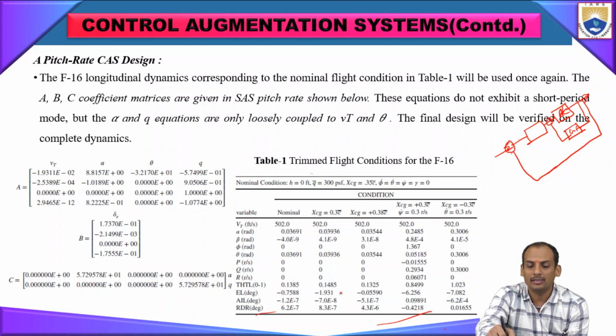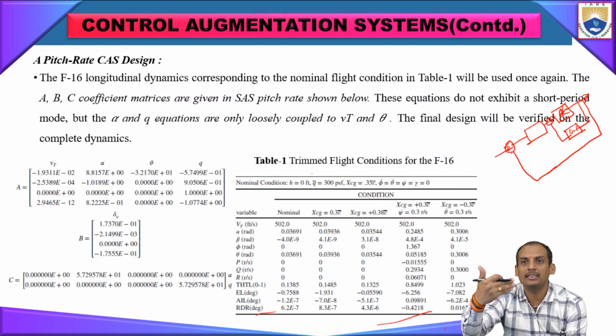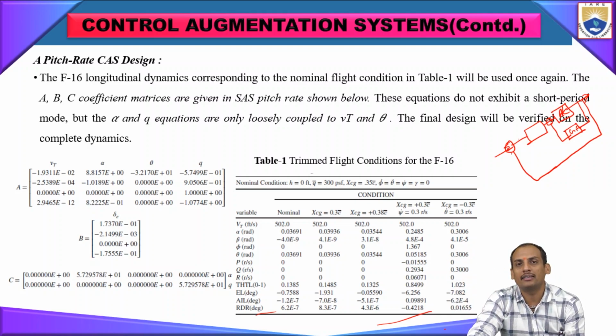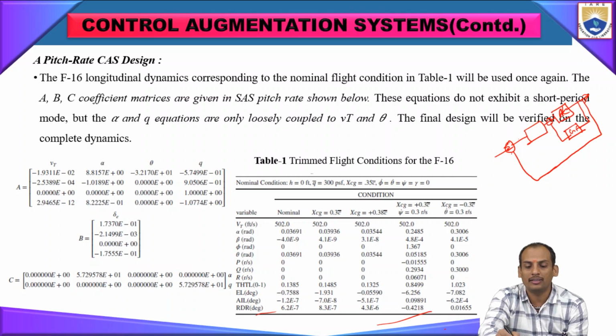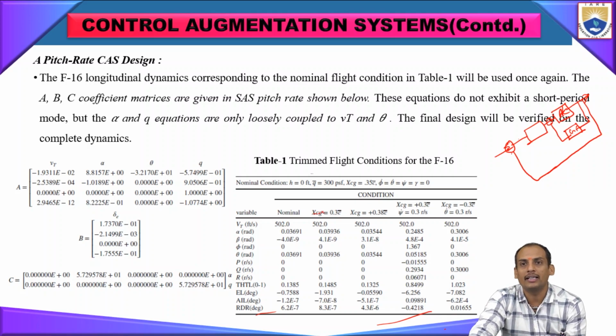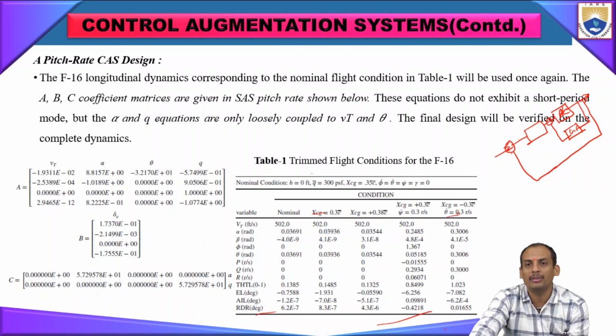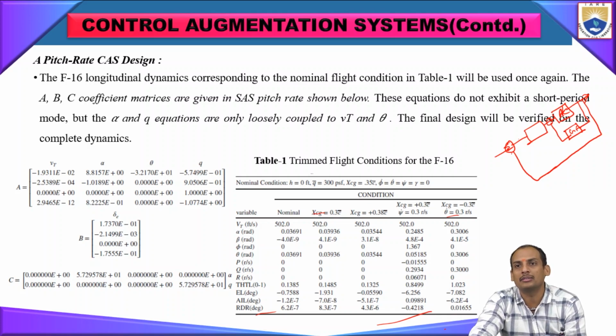We have been given a data sheet that has been prepared for this. That data sheet gives the nominal values and the x CG position with respect to x. If you see x CG and phi, that is the angle with respect to yawing, and theta is related to the elevator angle.